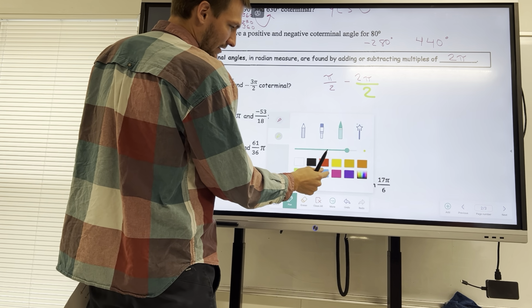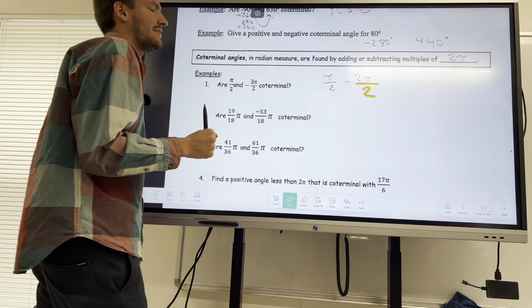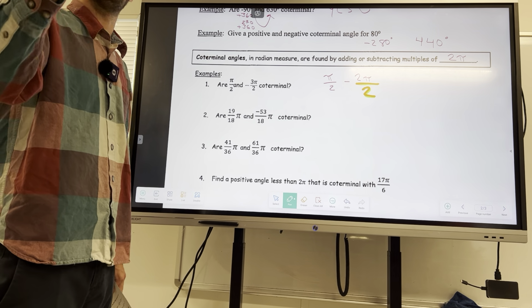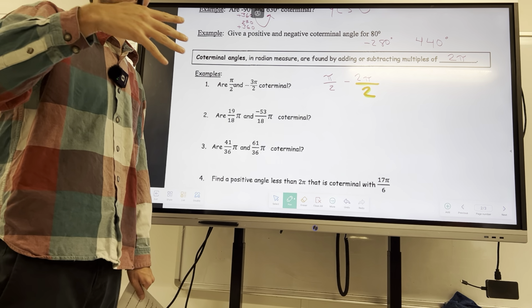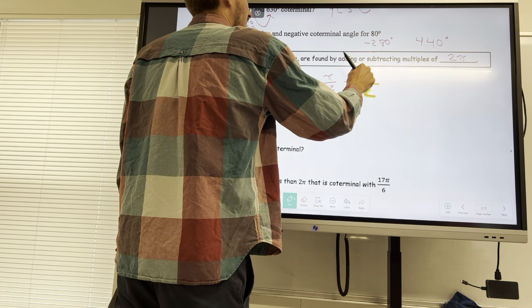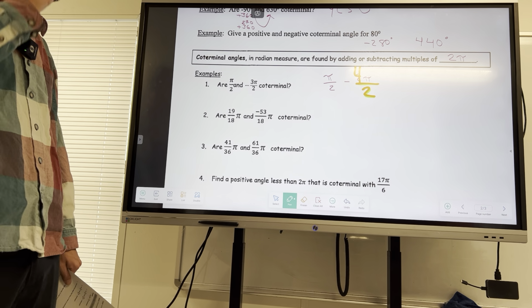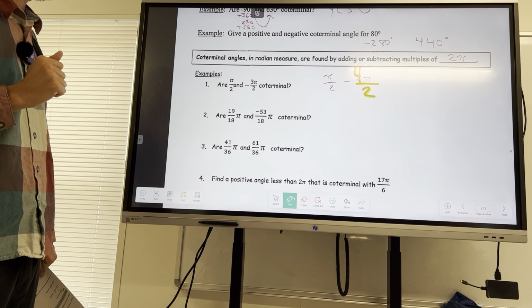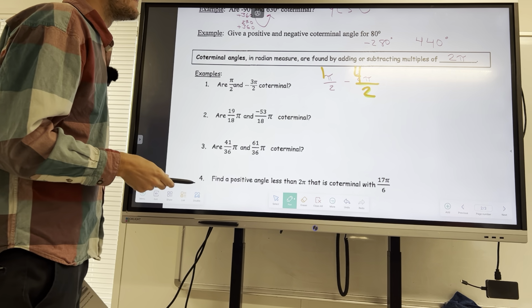Let me pick a color that's a little easier to see. Let's go orange today. We have to have a denominator which is 2, but if we double the bottom from 1 to 2, we have to double the top from 2 to 4, right? And that's not complicated math. All we did was a times 2 on the bottom and a times 2 on the top. And now, obviously this is 1 pi over 2.